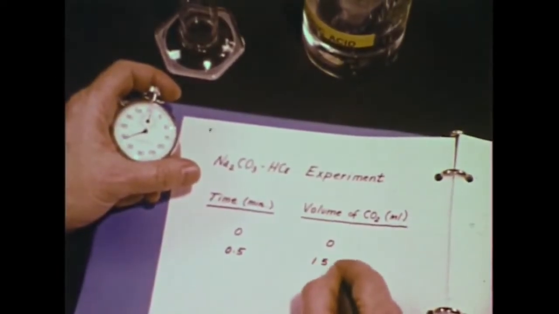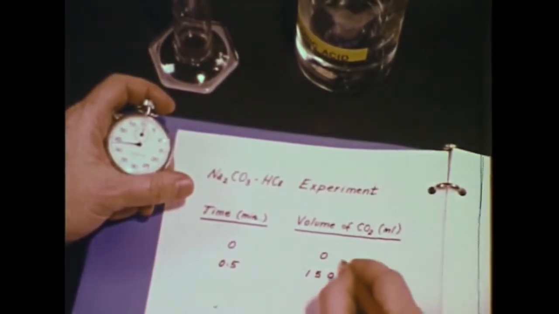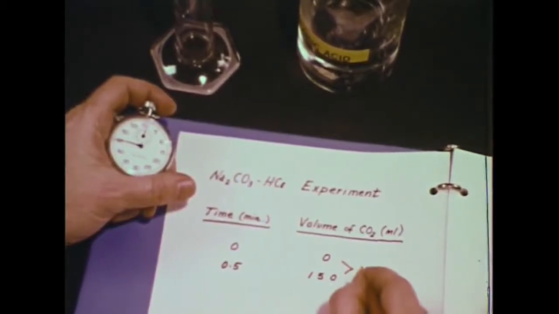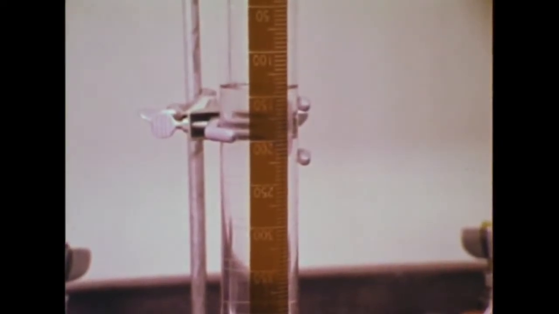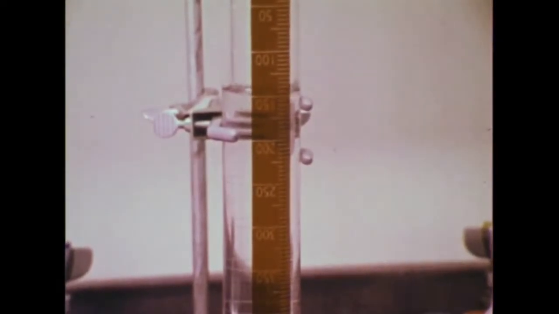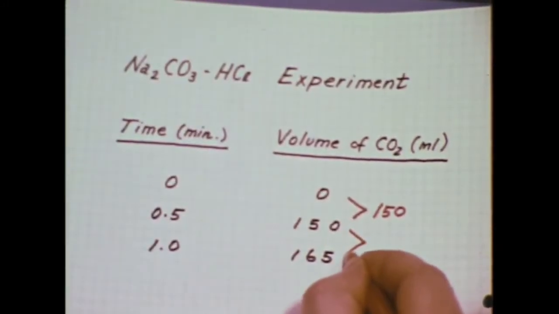In the first 30 seconds, 150 milliliters of CO2 is collected. After another 30 seconds, only 15 milliliters of additional CO2 is produced, giving a total of 165 milliliters. The reaction is slowing down.